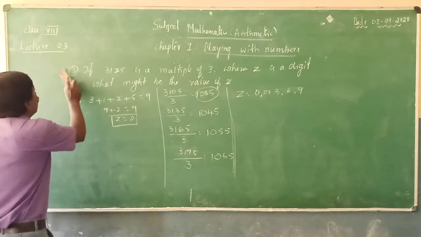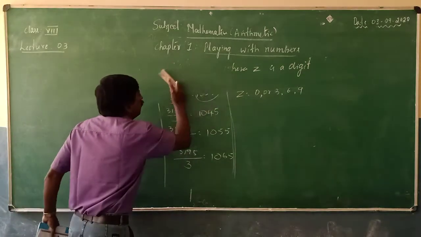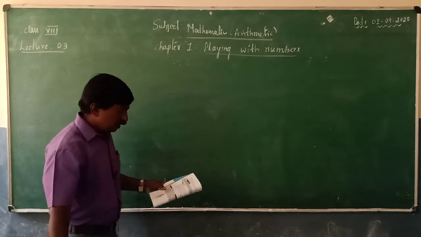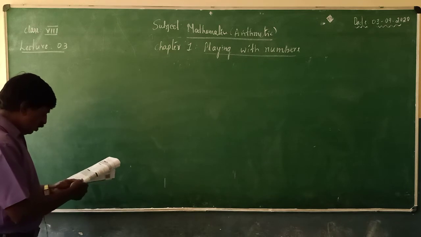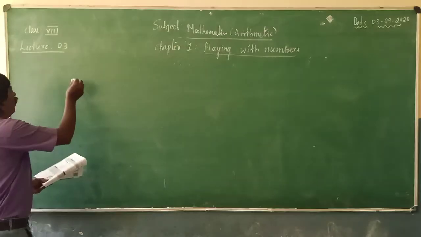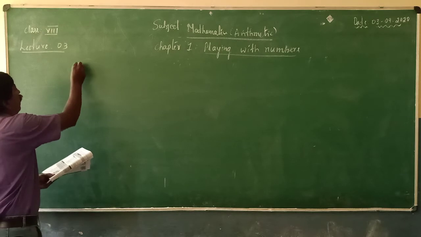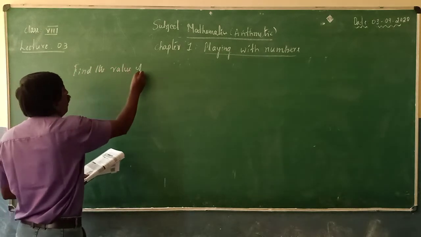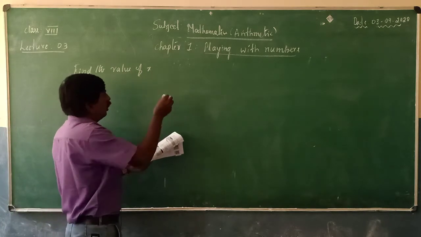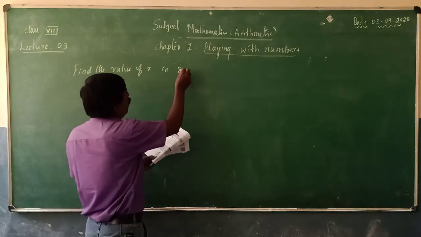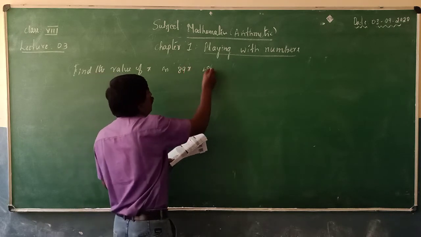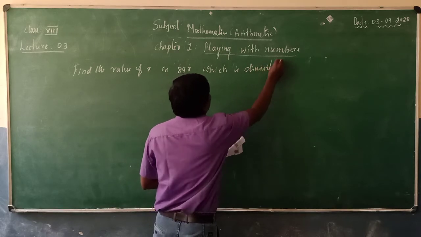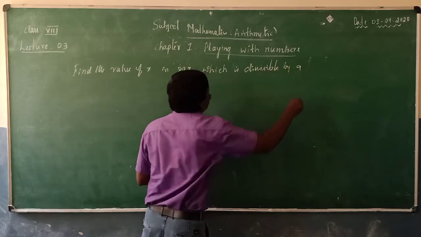Another one I will give it to you. Very interesting one. Now find the value of x in 89x which is divisible by 9.